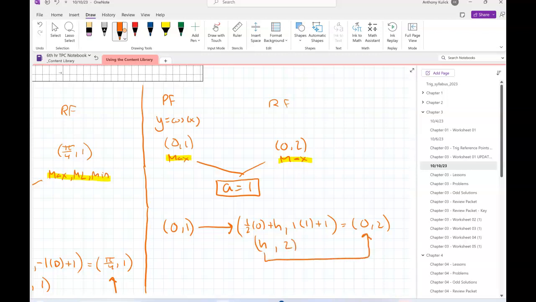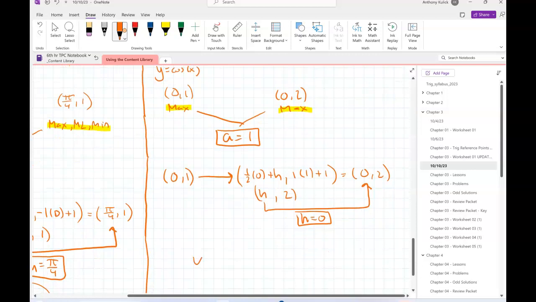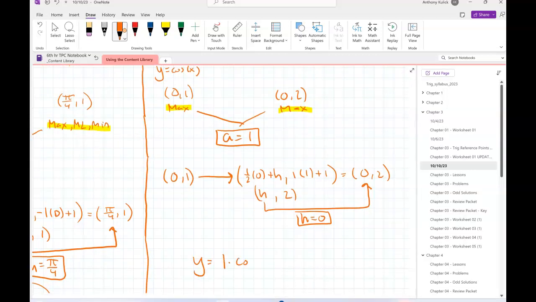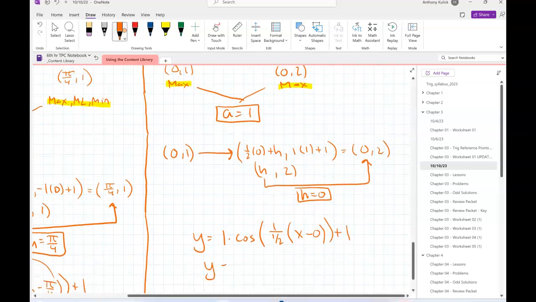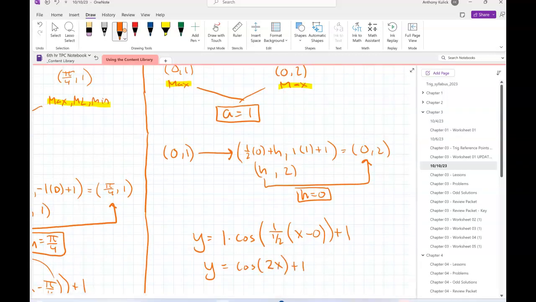So I notice here that h is 0. So I have y equals A times cosine of 1 over C x minus h, plus k. Or this just simplifies down to cosine 2x plus 1.